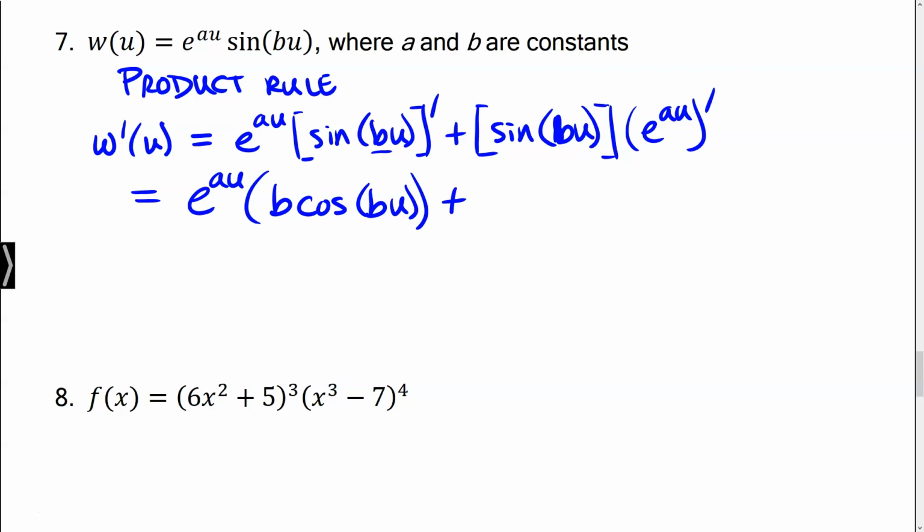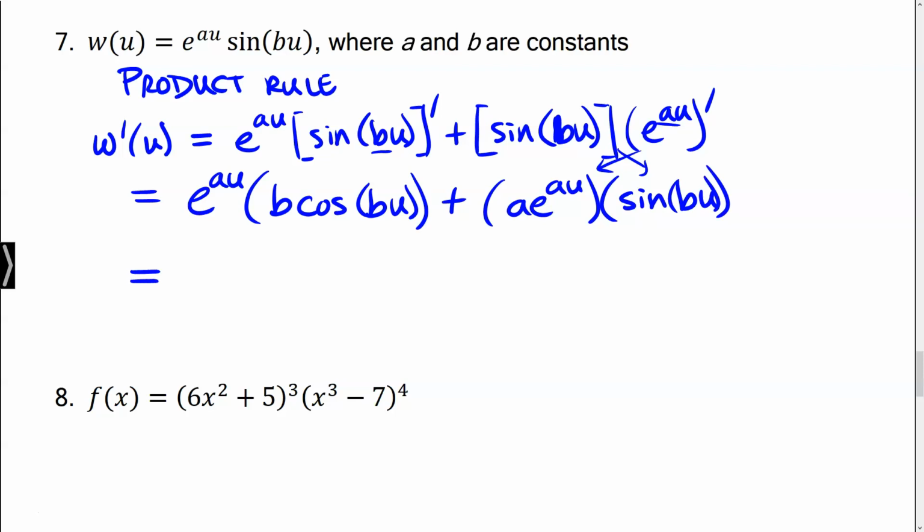plus, and now let me switch the order of these. So the derivative of e to the au, I'm going to pick up a factor of a, so plus a e to the au times sine of bu. And what do I have all together?